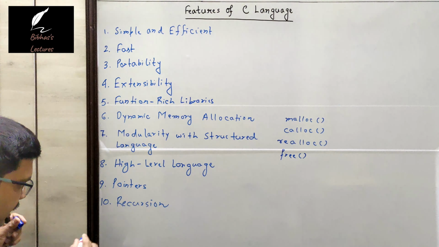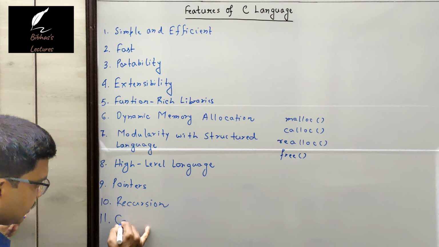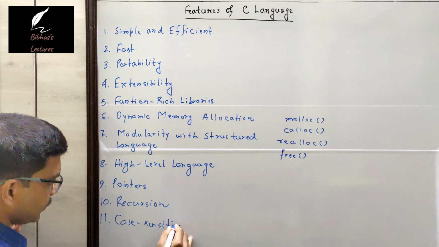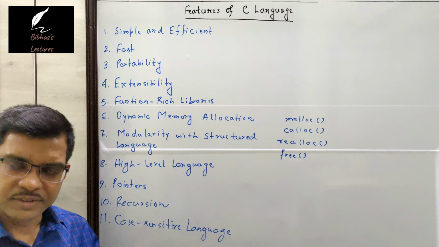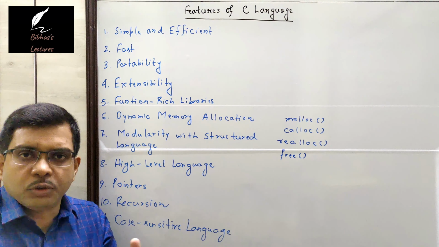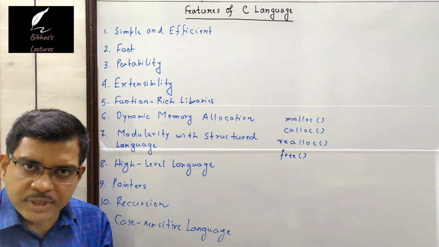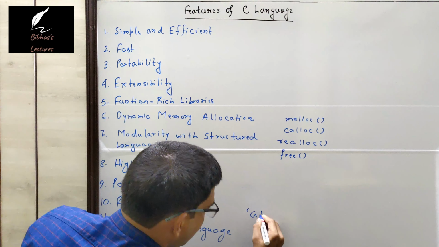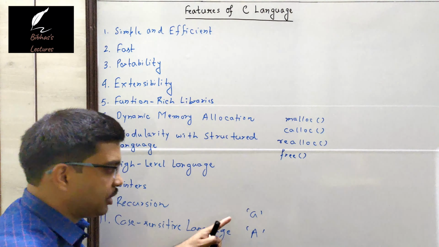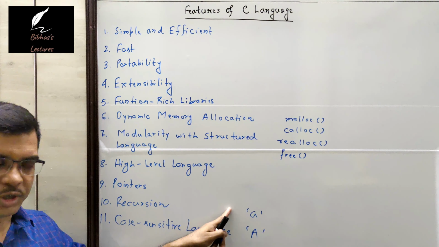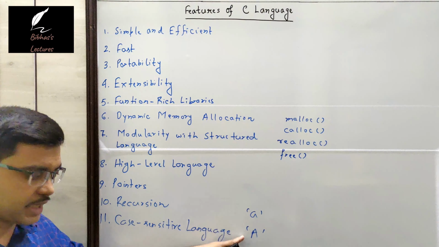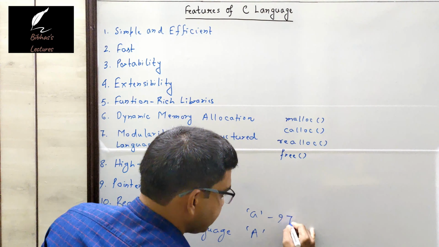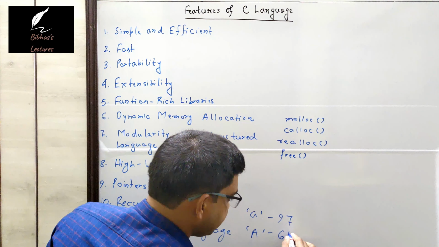Number 11, C is a case sensitive language. Case sensitive means in C language uppercase letters and lowercase letters, that is small letters and capital letters, are treated differently. If you write small a and capital A, the meaning of these two will be totally different, because their ASCII values are different. In C language, the ASCII value of small a is 97 and the ASCII value of capital A is 65.